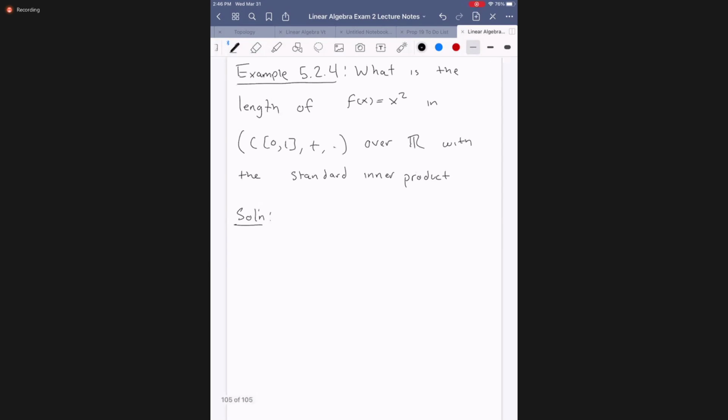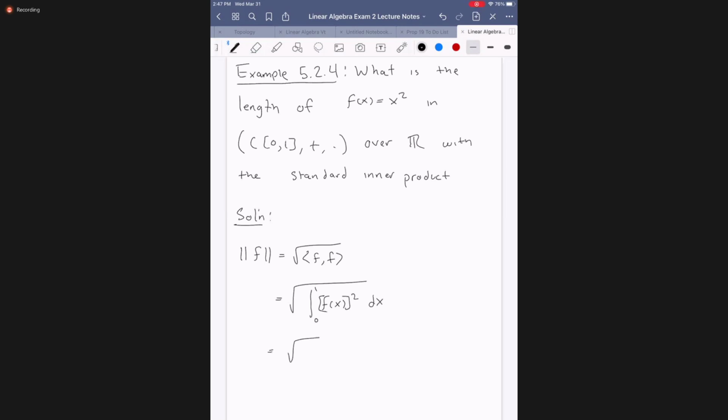So the norm of f is equal to the square root of the inner product of f with itself. But what's the inner product? Well, it's just the integral of f of x squared dx, and since here a and b are 0 and 1, it's just from 0 to 1.